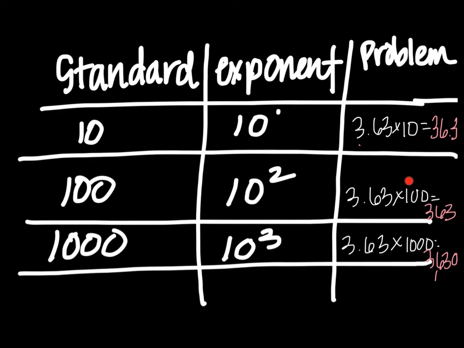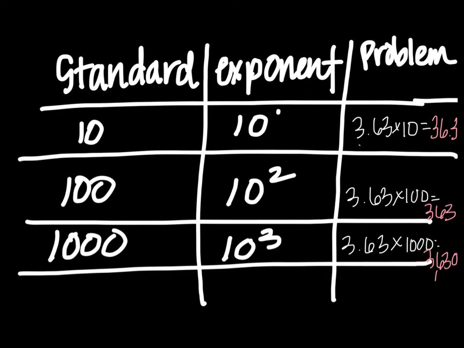Same over here. When I multiply by 100, I'm going to move two places to the right, 1, 2, because I have two zeros in 100, so 3 and 63 hundredths turns into 363. As we continue, the pattern also continues, so you keep moving a place with your decimal to the right.